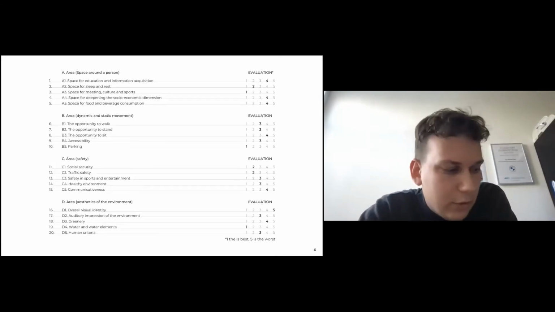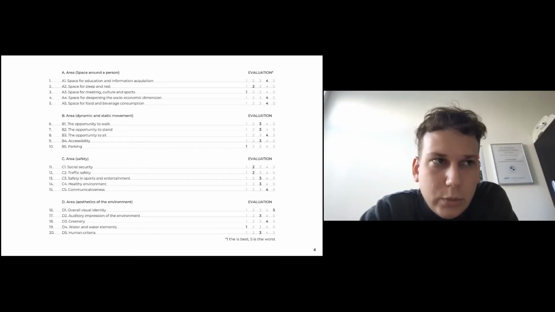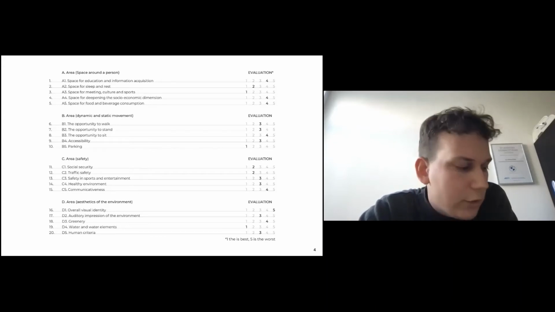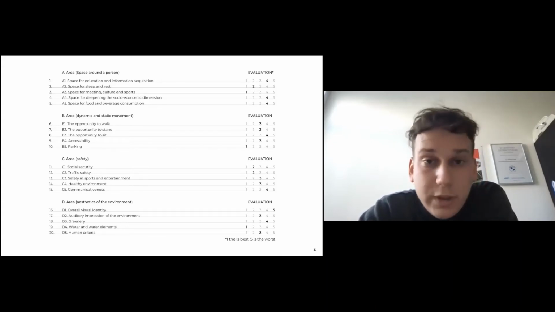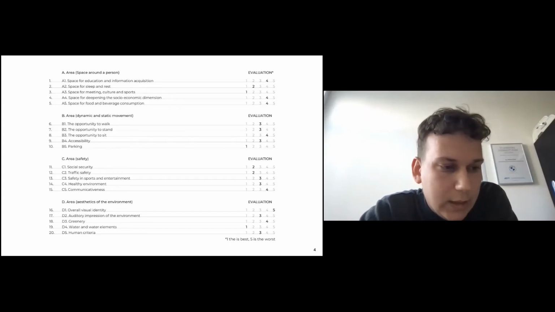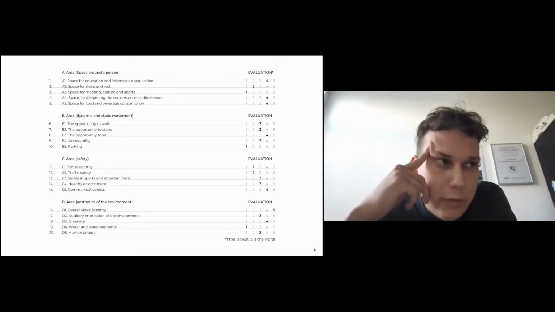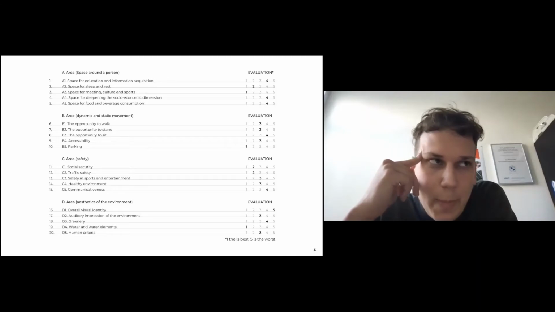The evaluation of university campuses itself was preceded by the elaboration of a methodology for the evaluation of university campuses and their potential, which is based on 2 methodologies for the evaluation of public spaces, and those methodologies being verified in practice.